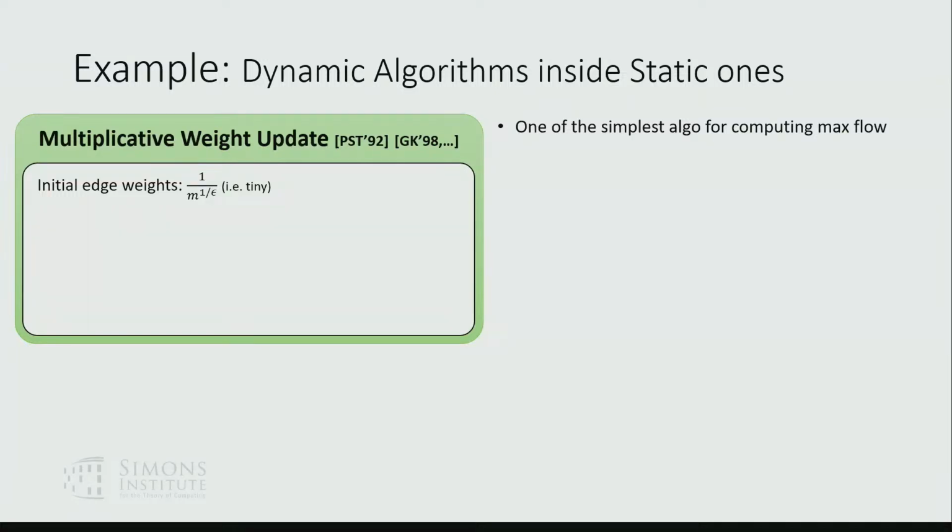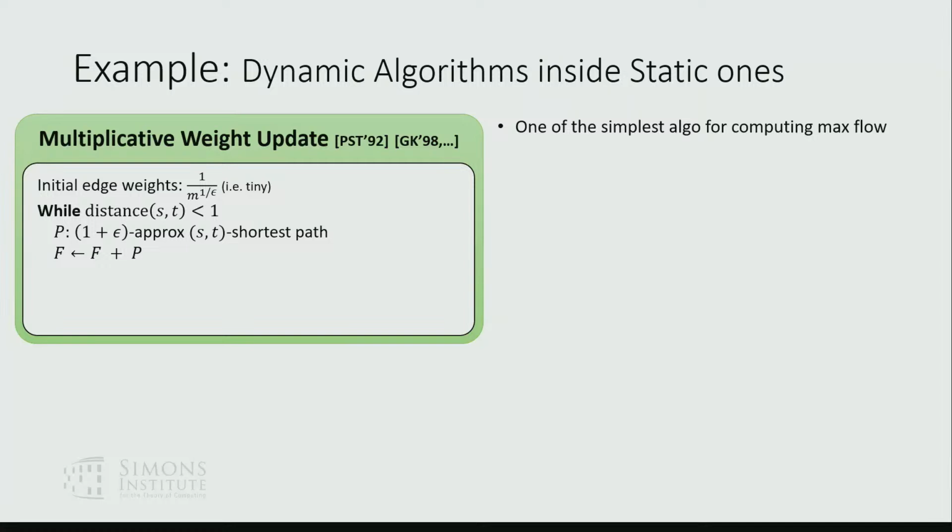And you keep doing something as long as the distance from S to T is less than 1. What you do is first compute some shortest path from S to T. It can even be approximate. Let's call that path P.